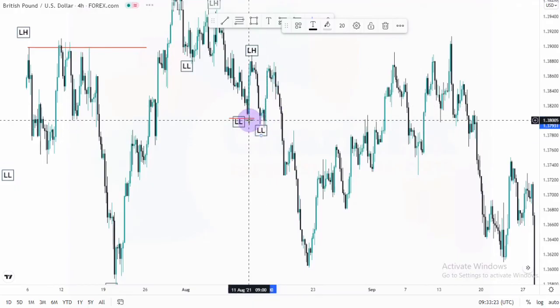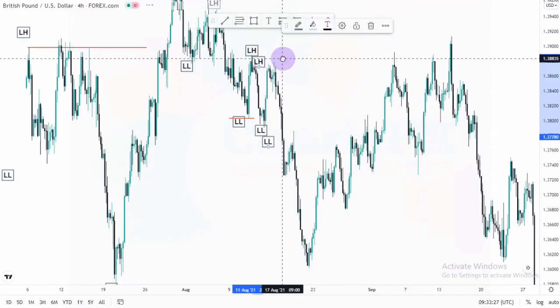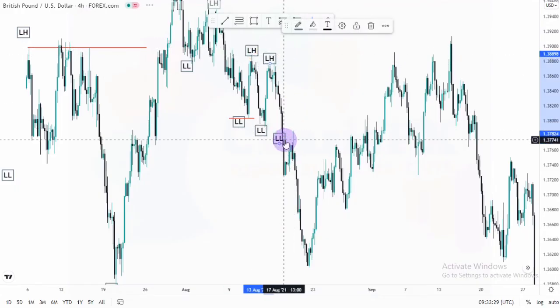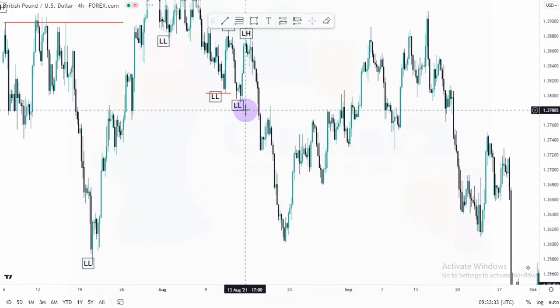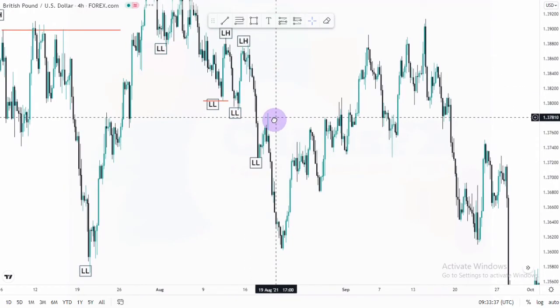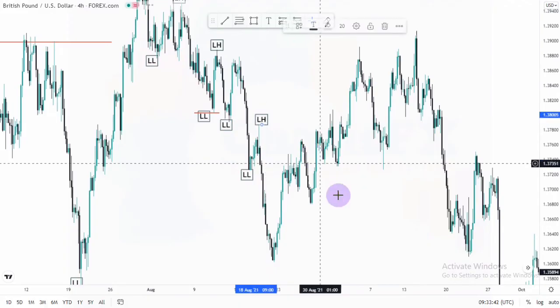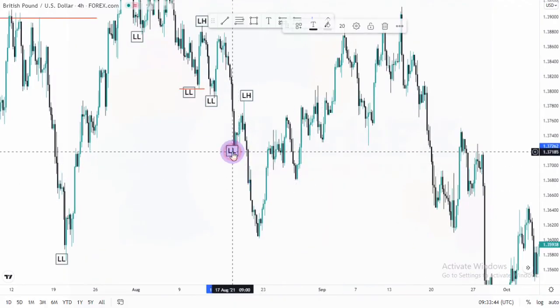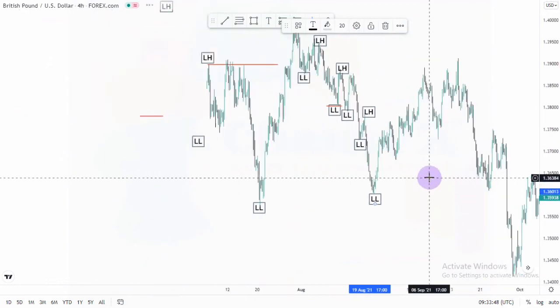Price took out the previous low, retraced to form another lower high, then gave us another impulse swing to form lower low, retracement to form lower high, impulse to form lower low, retracement to form lower high.